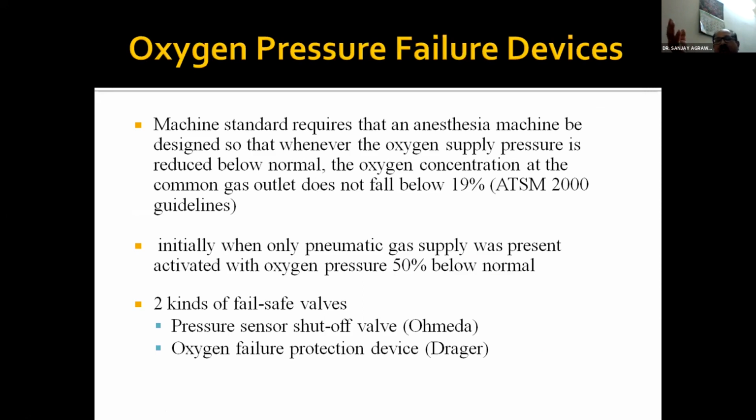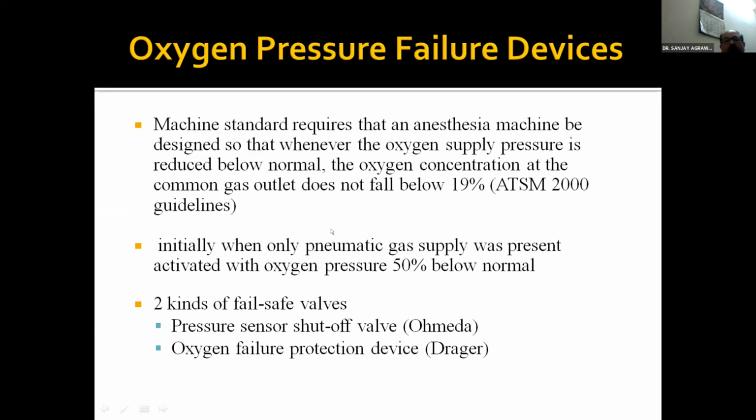But with the newer workstations, it has come down that the oxygen concentration in the common gas should not be allowed to fall below 19% in the total gas mixture.